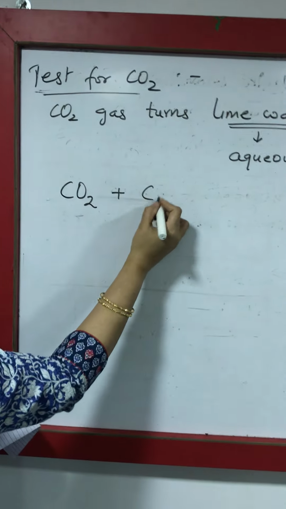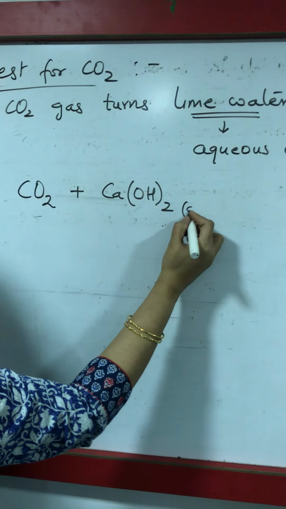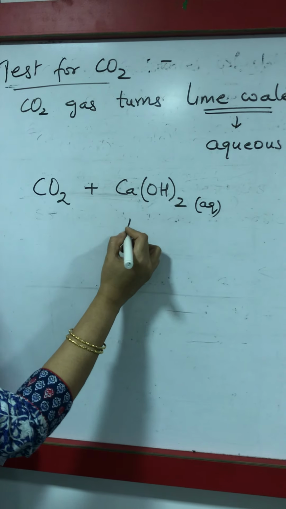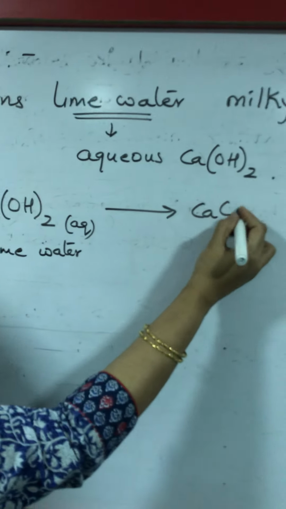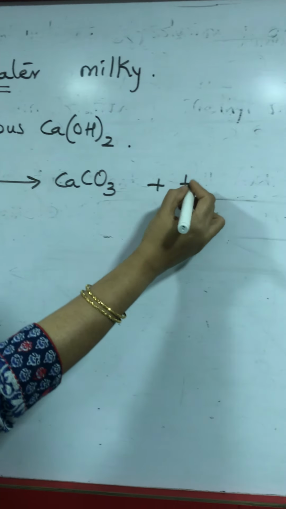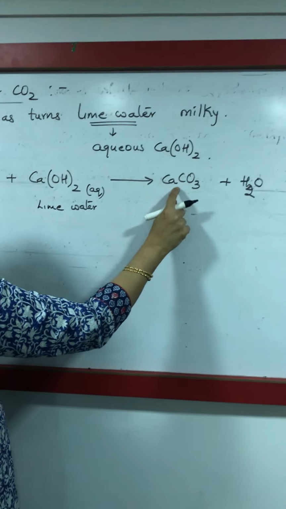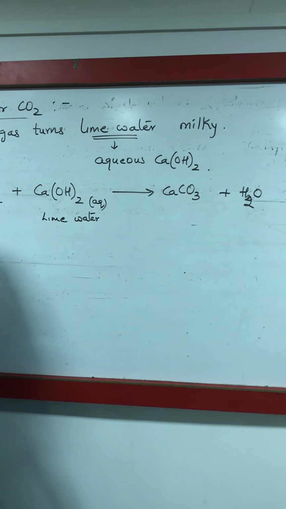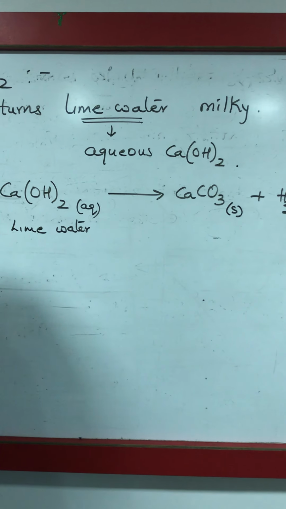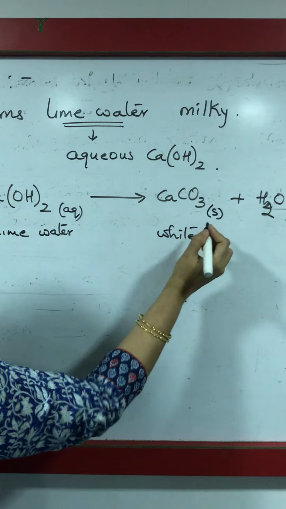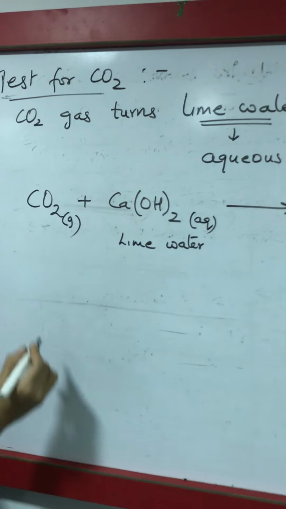We just wrote a reaction in which carbon dioxide reacts with a solution of calcium hydroxide, which we call lime water, and the product is calcium carbonate plus water. Now in the first chapter I have already told that calcium carbonate in nature exists as limestone or chalk. So therefore it is solid, and we will get a white solid when carbon dioxide gas is passed into lime water.